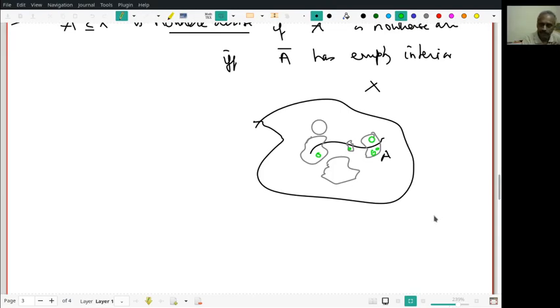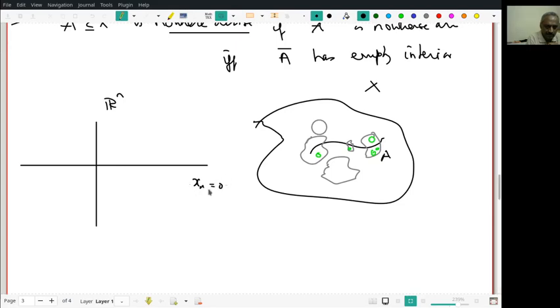Why it's very important is, suppose this is R^n, and this is my space x_n equal to 0. So this is W, which is an (n-1)-dimensional space.